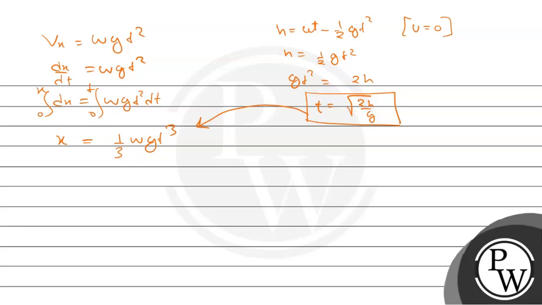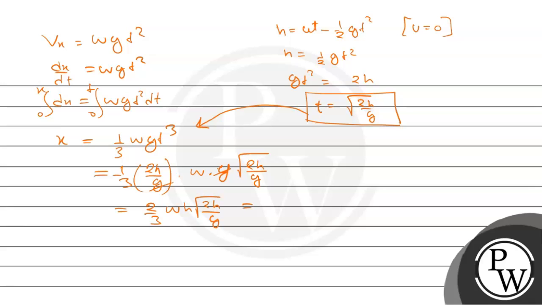Now x, that is the deviation from the ground, equals 1 by 3 into omega into g into 2h by g root over 2h by g. So here g and g cut, that is equals 2 by 3 omega h root over 2h by g.